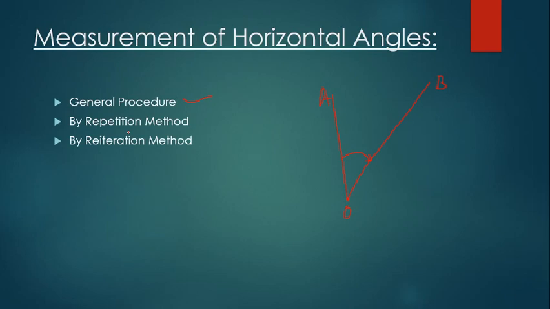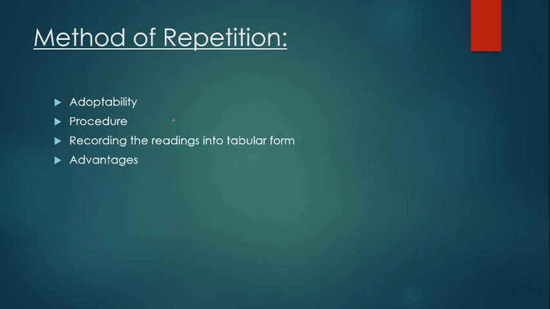Now let us see what is different in the method of repetition compared to the general procedure. When do we go for this method of repetition, that is, adaptability. Here we go for the method of repetition when we require higher precision in measuring horizontal angles. Let us say we want to measure a horizontal angle below its least count.